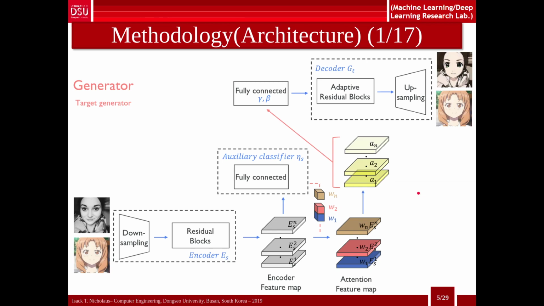So let's start with the generator. The generator is composed of three main blocks. The first block is the encoder, which will try to encode the input to some kind of feature map. Then we have the auxiliary classifier, which will try to learn the important weight using the encoded features.